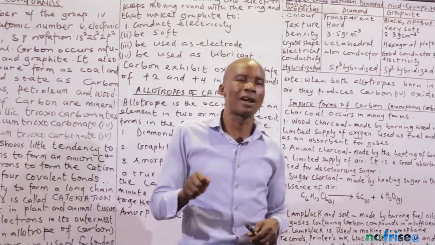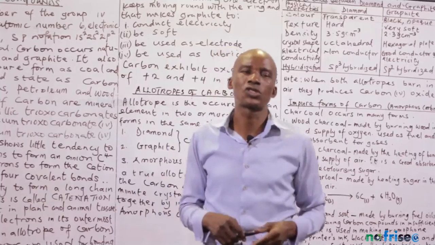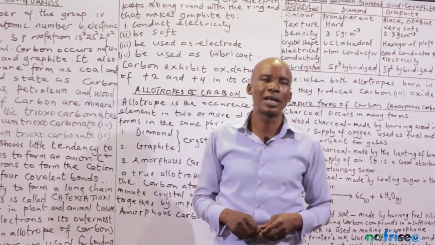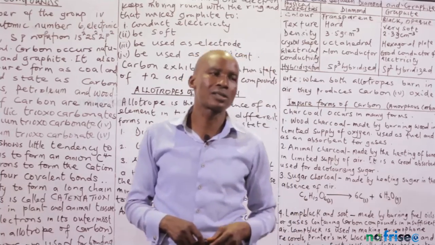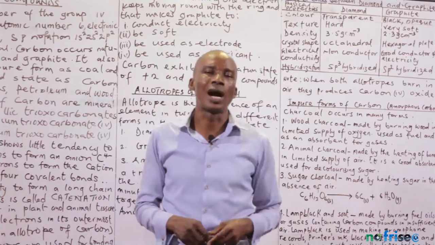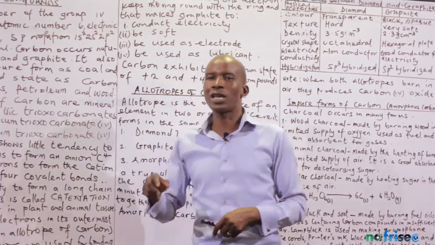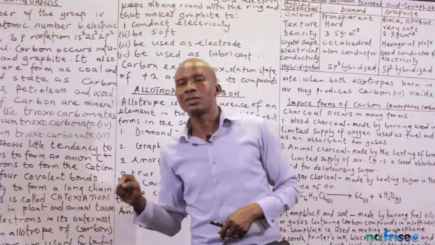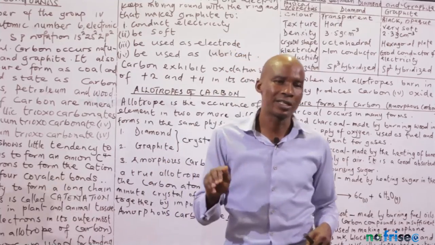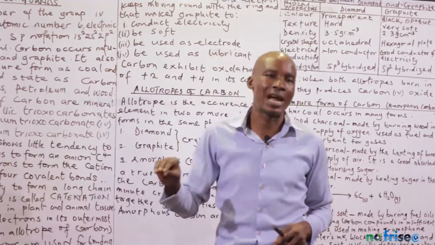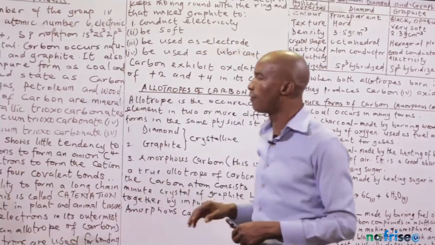And that makes graphite 1, soft, 2, able to conduct electricity, 3, used as a lubricant, 4, used as an electrode. So that 1 electron, called the delocalized electron, that is moving around within the ring has conferred that peculiarity on graphite.